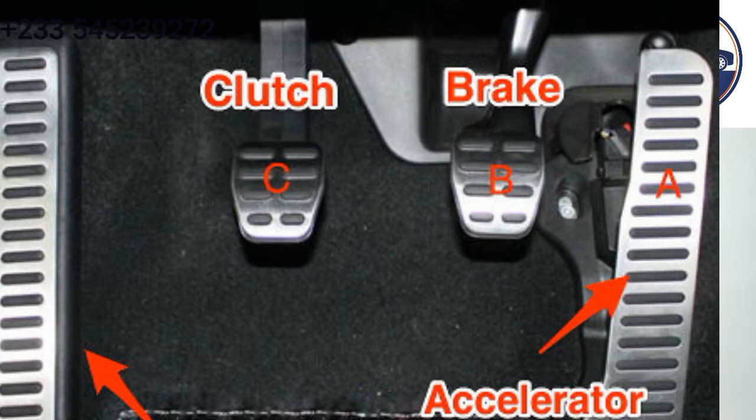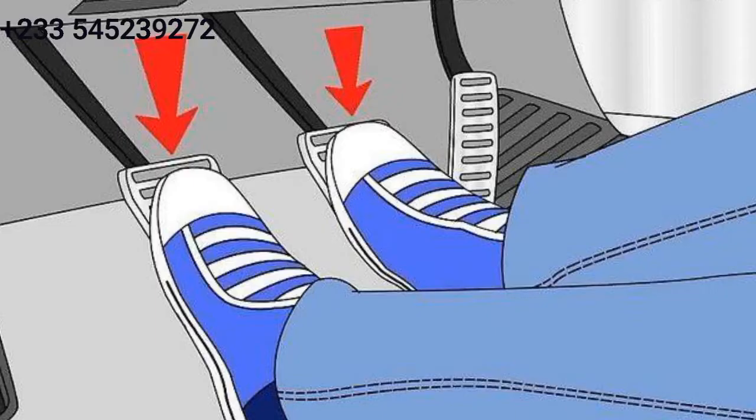Pedals in the manual car are levers that we press with our foot to control the speed and the power of the car.